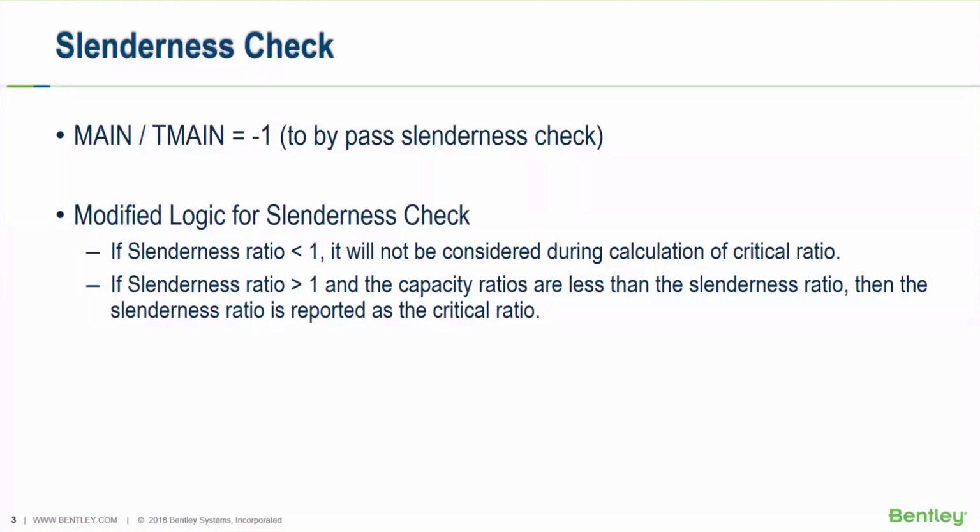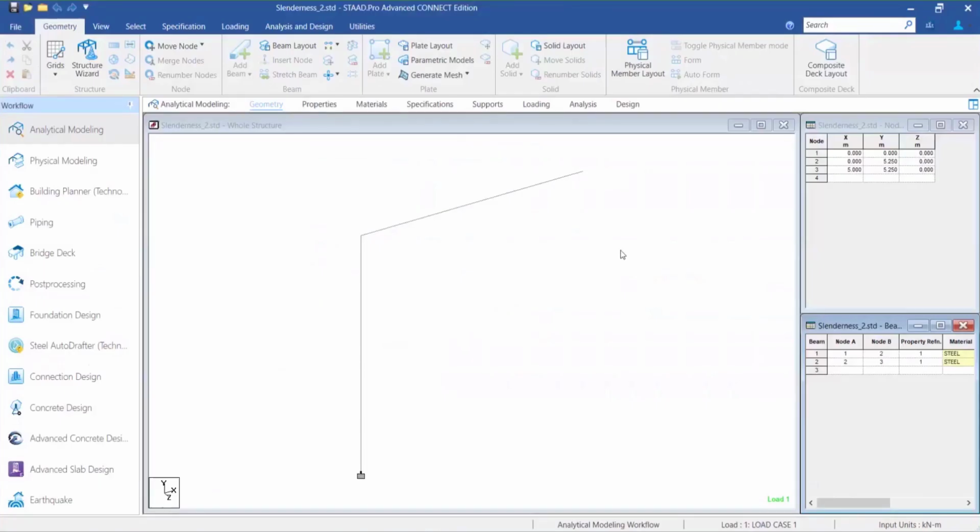But actually what should have happened is that if the slenderness check is passed, if it is less than 1, then I should not account for it in my critical ratios. Okay, so I have an example to show you what was happening before and what is happening now. I have one model here which I actually analyzed in that version where this logic was not implemented.